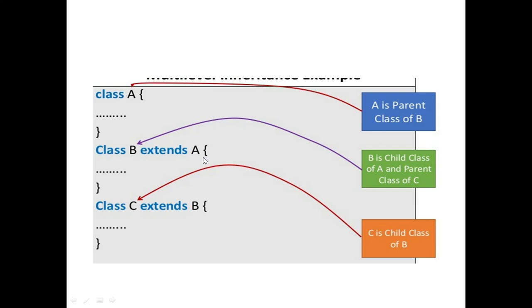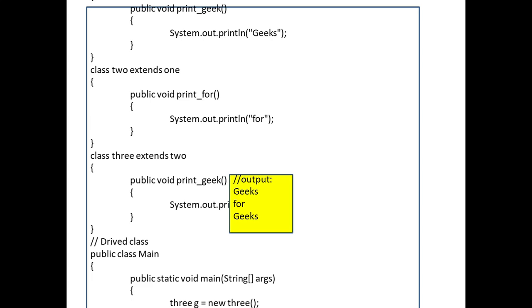Class B extends class A. Now B is a child class for A, but B is a superclass for C. B acts as the intermediate class, which is a subclass for A but a superclass for C, and C is a child class. So class C extends B. Whatever properties are in A come to C via B. This is multi-level inheritance. Now see here one example.